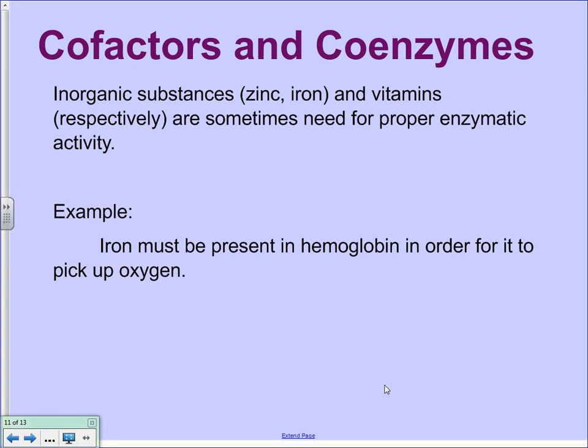Cofactors and coenzymes, well, these are substances like our zinc and iron, and also our vitamins. And these are needed for proper enzyme activity. Our inorganic substances like zinc and iron are our cofactors, and our vitamins are our coenzymes. For example, vitamin C is an important coenzyme for cellular respiration.